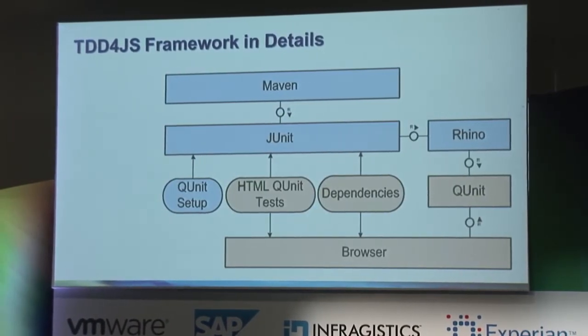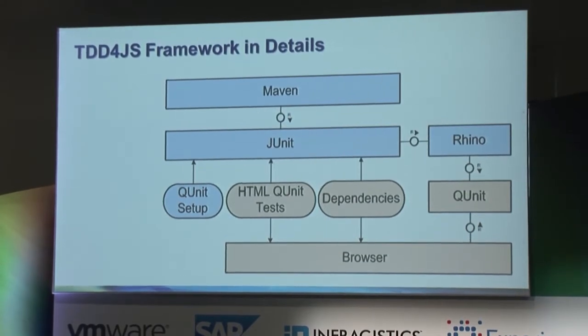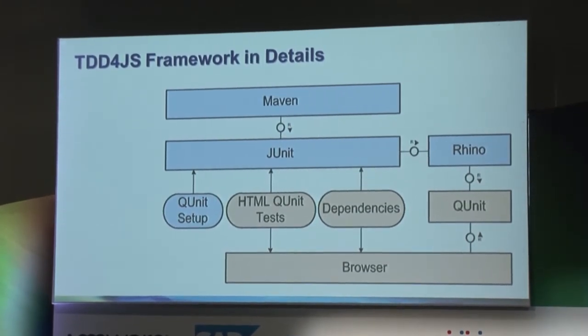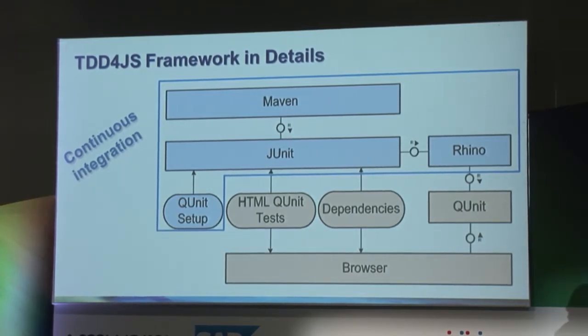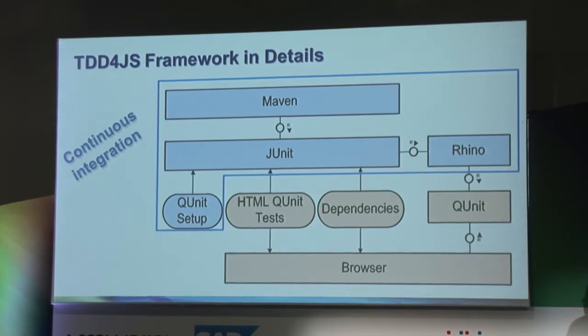What are the details in our framework? First, we have 2 scenarios for it. 1, continuous integration. When we run Maven, we want all our QUnits from our product to be executed. They must be gathered and executed. Maven runs our JUnit.